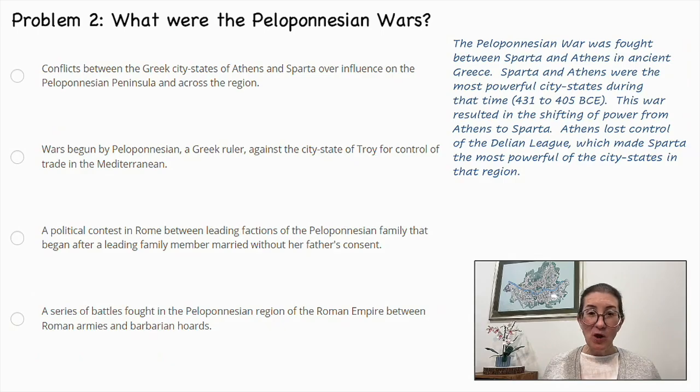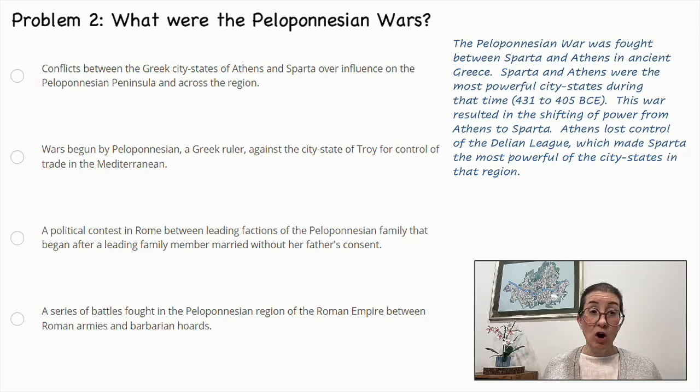Problem number 2. What were the Peloponnesian Wars? Conflicts between the Greek city-states of Athens and Sparta over influence on the Peloponnesian Peninsula and across the region. Wars begun by Peloponnesian, a Greek ruler, against the city-state of Troy for control of the trade in the Mediterranean.